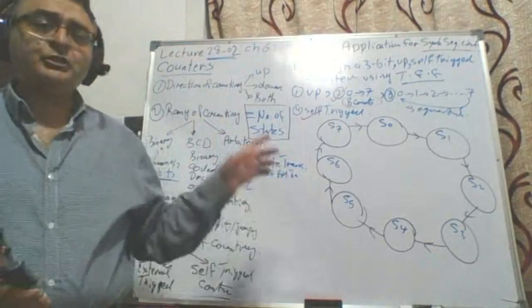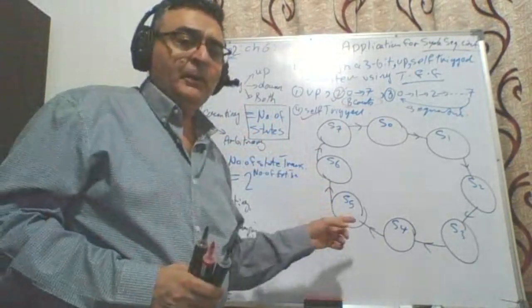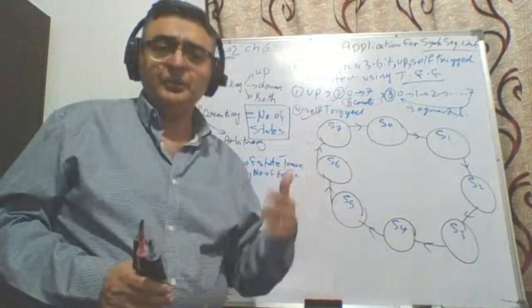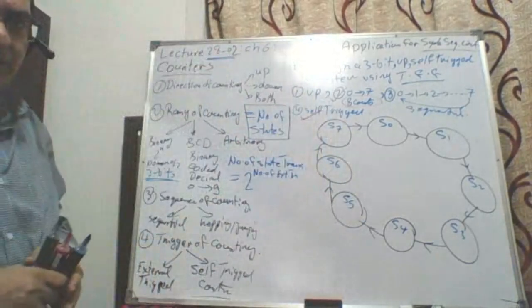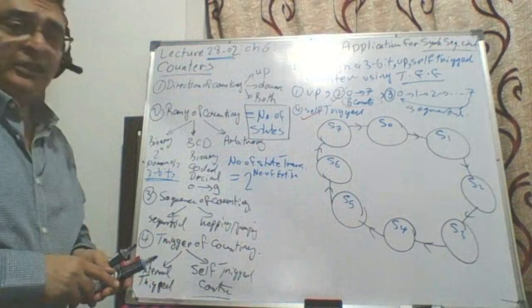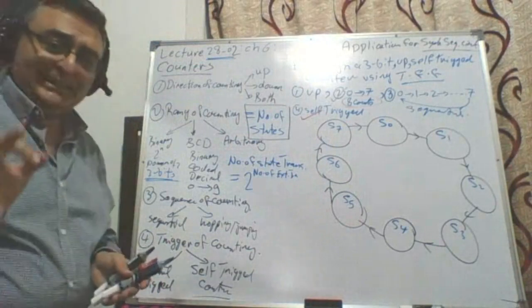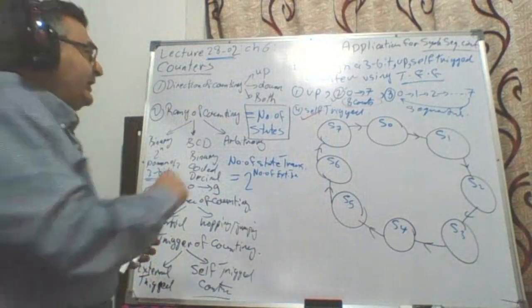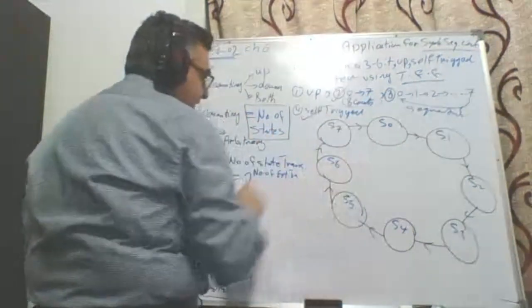What's left for me is to move from the state diagram into the other steps of the design. The second step of the design is the state assignment. How many states? The number of states is 8.